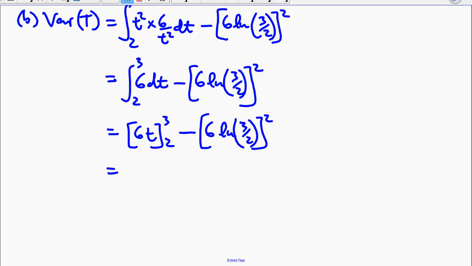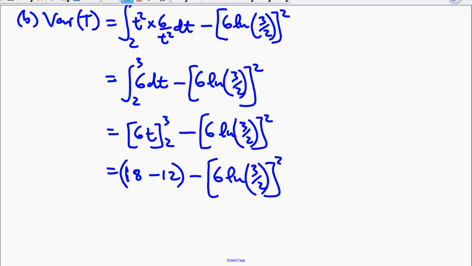And if we simplify this, we'll end up with 18 minus 12 minus 6 ln 3 over 2 squared, which will give me 6 minus 36 ln 3 over 2 squared.